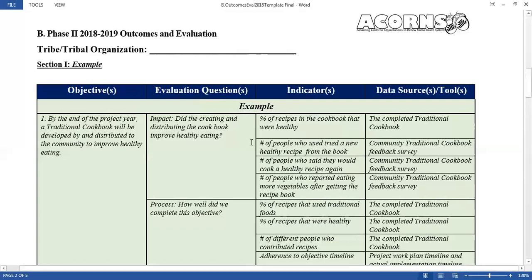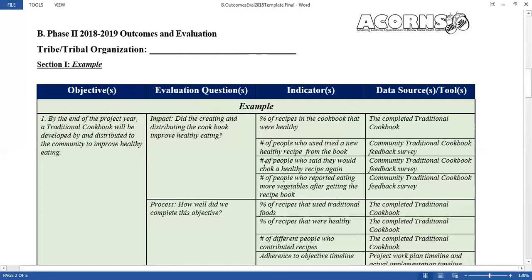And because you know that these are some of your indicators to answer your evaluation questions, you would want to make sure that when you're designing that survey, you include questions that will answer these. So maybe one of the questions would be, have you used a healthy recipe from the cookbook? And then from your feedback survey, you would be able to count up the number of people who tried a healthy recipe.